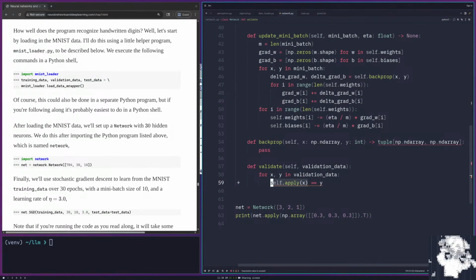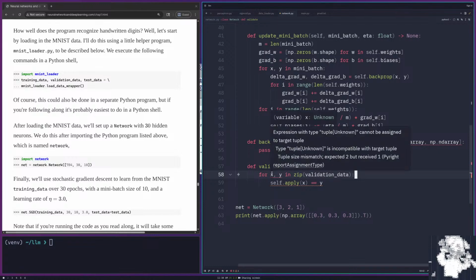Actually, okay, a few problems. Validation data is a tuple of examples and labels, so we want to zip them together.